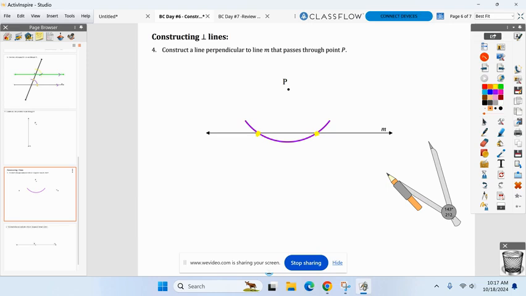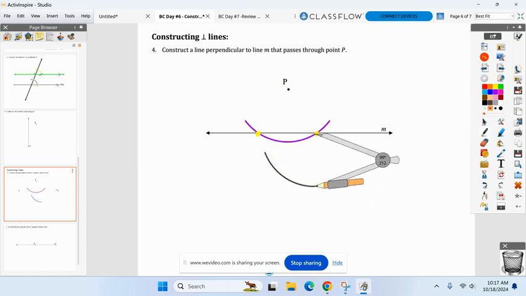Then put your compass point on each point of intersection, and you're going to make 2 more arcs that intersect each other. Does the compass opening need to be the same as the first? No, but your last 2 arcs need to be the same opening. Okay, so I'm going to make an arc mark here, and I'm going to make an arc coming from the other point of intersection that intersects it.